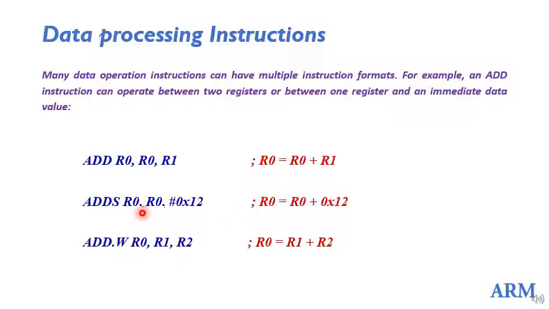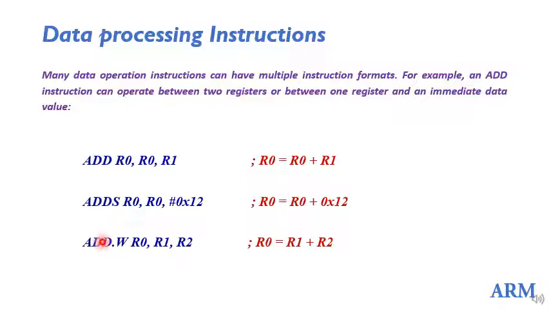But there is an S appended to this ADD, right? The presence of S indicates that the flags will be affected. In the absence of S, the flags will not be affected. This is when it is using the 32-bit format. The presence of S indicates that the flags will be updated, and without S, the flags will not be updated.